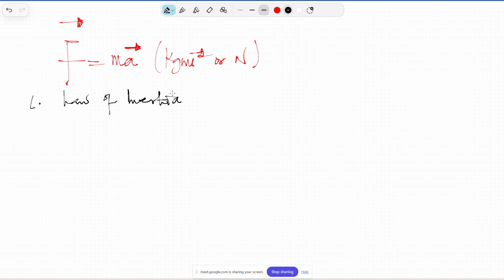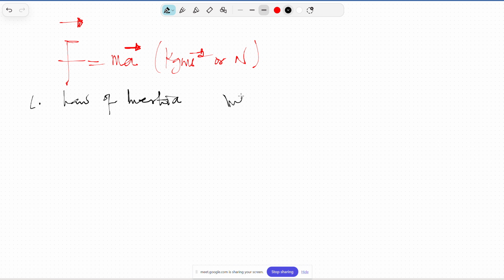Inertia is just the tendency of a body to remain in a state of rest or in uniform motion.